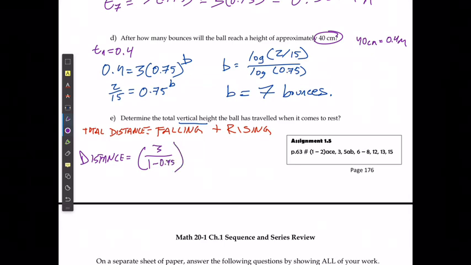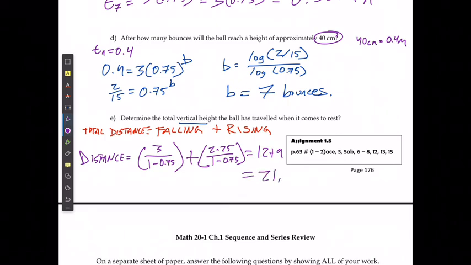The rising doesn't start till term 2, so I'm going to make term 2 my new term 1 for the rising, 2.25 over 1 minus 0.75. This would be the same as 12 plus 9, and it has traveled 21 meters, going down and back up again until it comes to a rest.